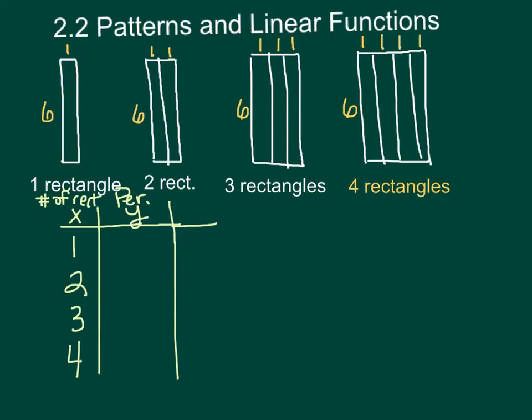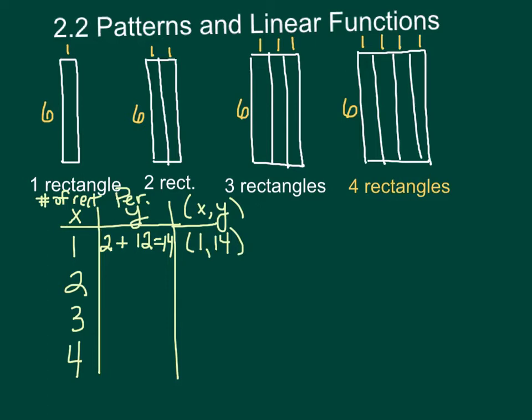So we're going to write 2 plus 12, and that equals 14. Now the last column is our ordered pair. Our ordered pair is x comma y. So we're going to write the ordered pair 1, 14.